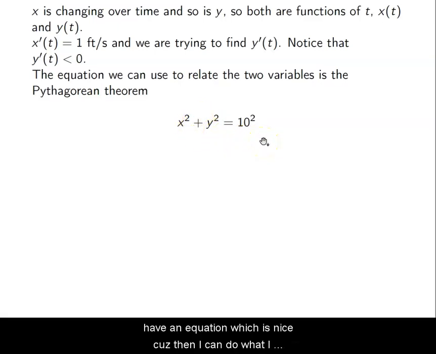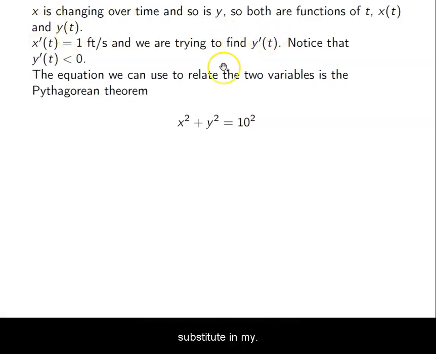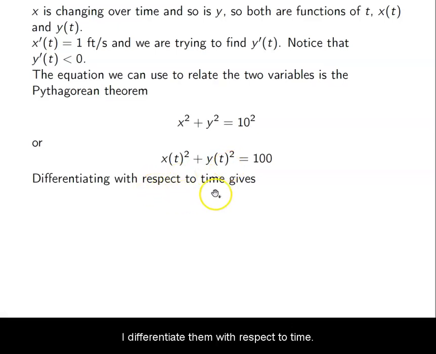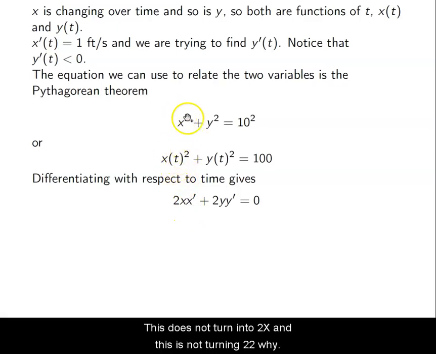So now I have an equation, which is nice because then I can do what? I can differentiate when I have an equation, and I can then substitute in my derivatives. So I replace x and y with what they are, functions, right? My x function squared and my y function squared. If I differentiate them with respect to time, this does not turn into 2x, and this does not turn into 2y.